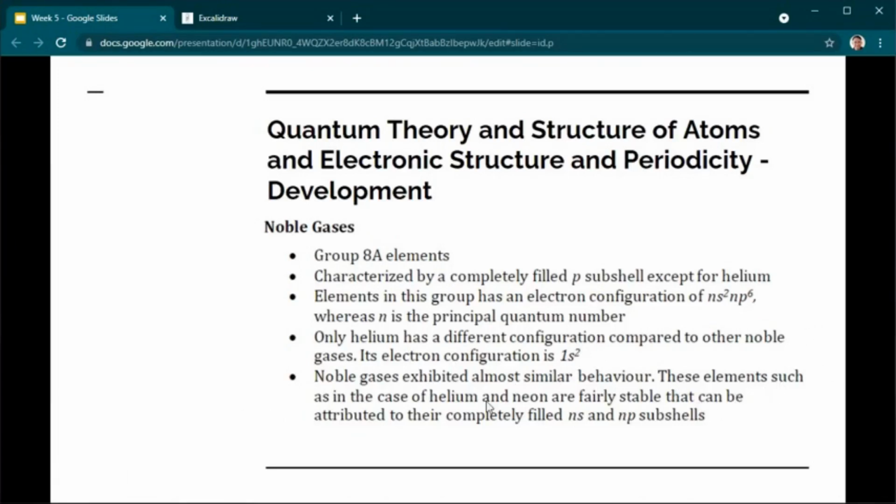These elements, such as helium and neon, are fairly stable, which can be attributed to their completely filled ns and np subshells. The most interesting characteristic of noble gases is that since the outermost subshells are filled, they are very stable.